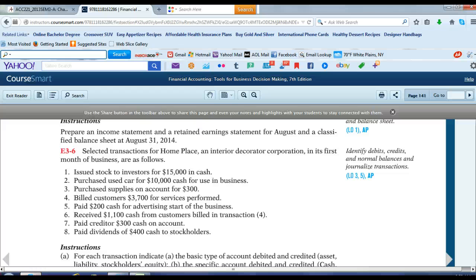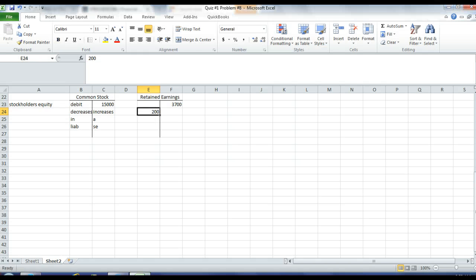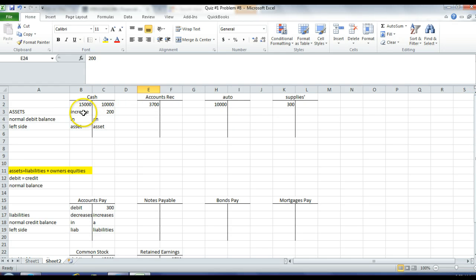So what happens here is $1,100 cash has come in, which means our cash has gone up or increased $1,100, which is an increase as a debit account. Now, our accounts receivable, which is an asset, is going down $1,100, which means we're going to credit that accounts receivable for $1,100.